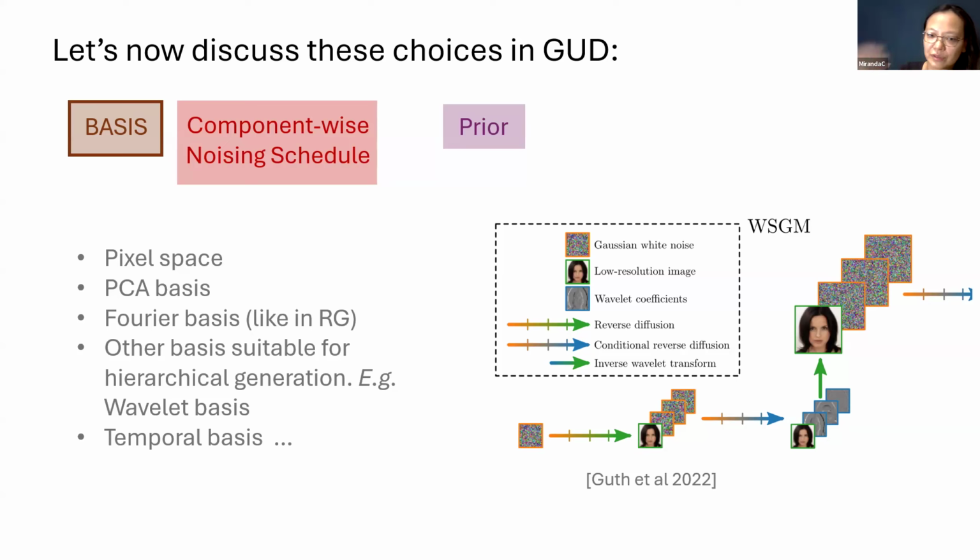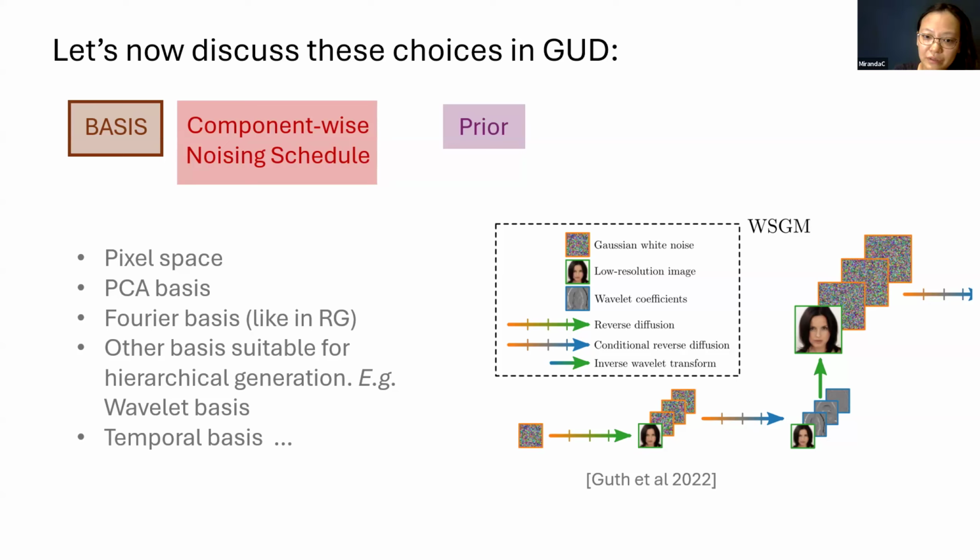So meaning, you could do things in this image case in the pixel space. Or one thing that's obviously interesting is a PCA space where your data variance is already diagonalized. Or we could draw inspiration from RG, and also rely on the fact that, for instance, in some data sets like natural images, you have this approximate scale invariance.